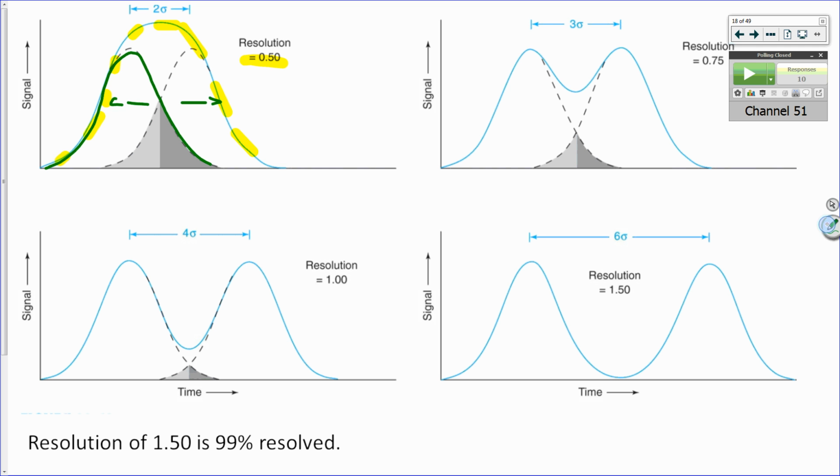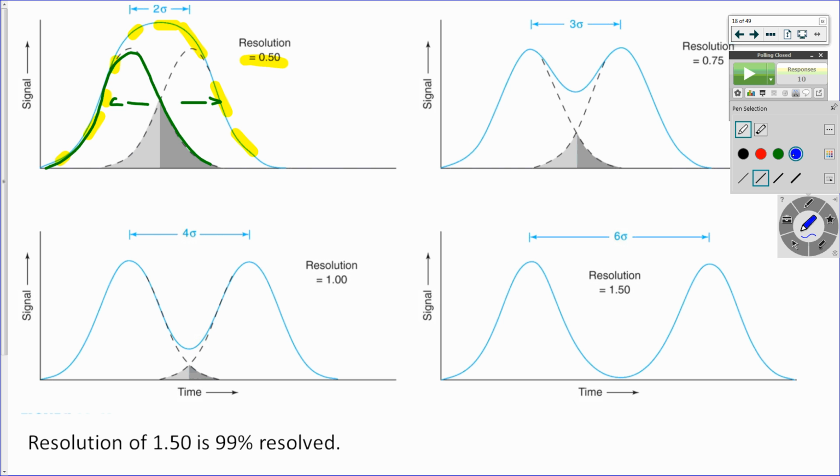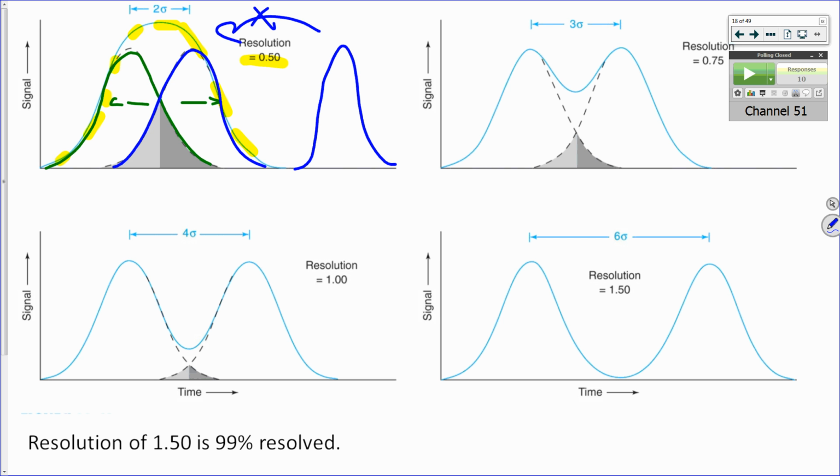If you had a couple of peaks and the one next to it was only this wide, you'd know something's wrong. So this is multiple peaks that are coeluting here. But in this one, they're not even separated so that there's only a single maximum.